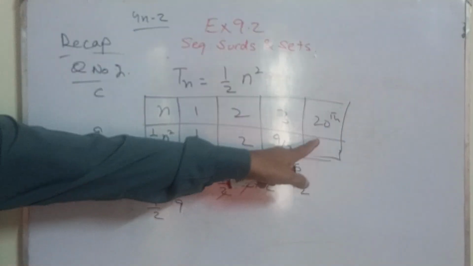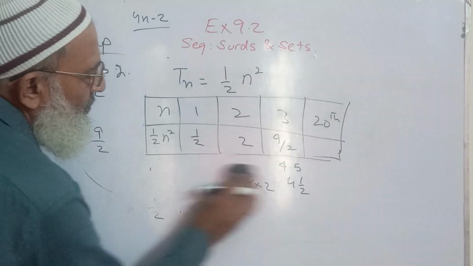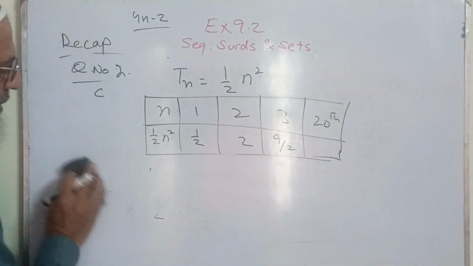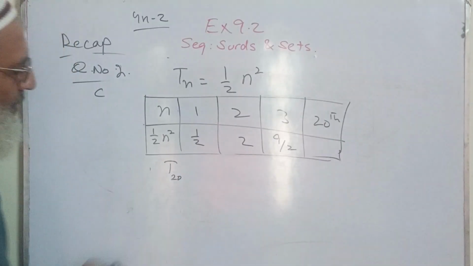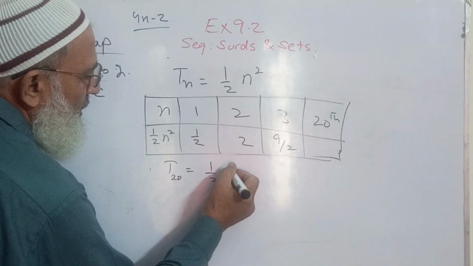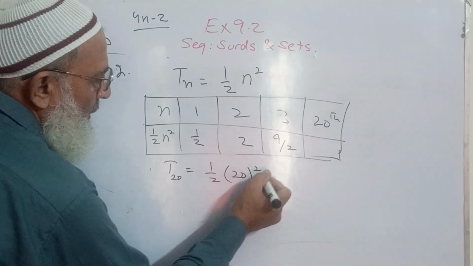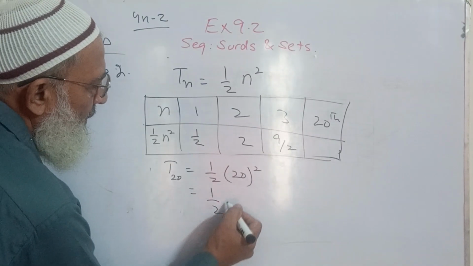Now we have to find the 20th term. Again, T20 is half of 20 whole squared.